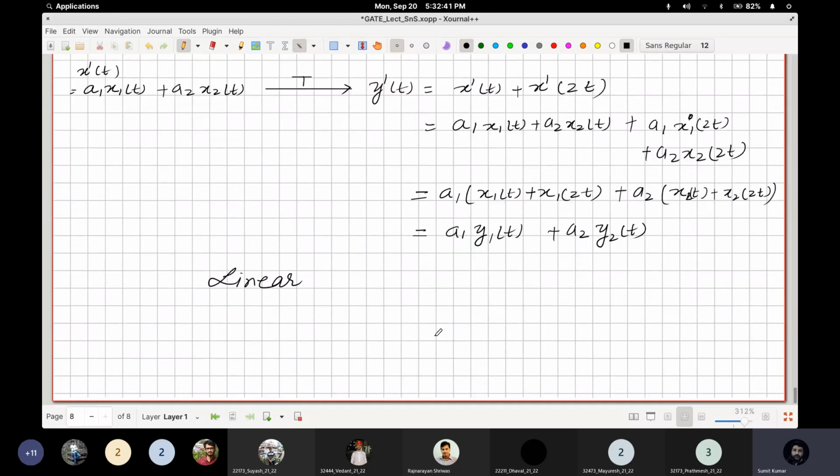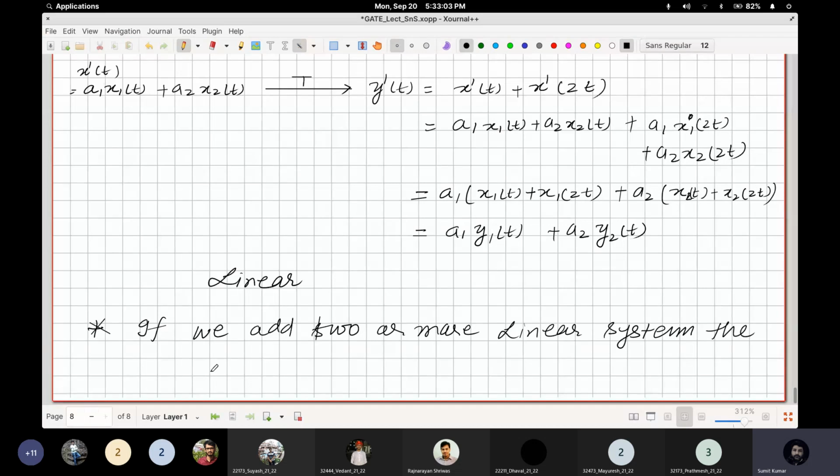So if we add two or more linear systems, the resultant system is going to be linear only.